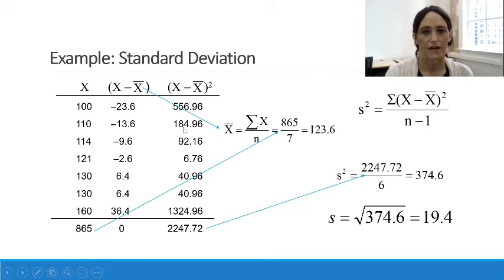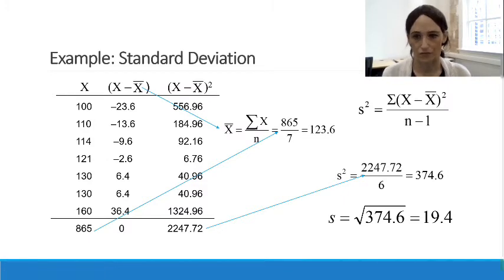Okay, so if we square them, we end up with all positive values, and that's what we have here in the numerator in our averaging out. Notice we're dividing by n-1, not by n, okay? And that has to do with the fact that our middle value could actually be part of these values, and so we want to account for that.